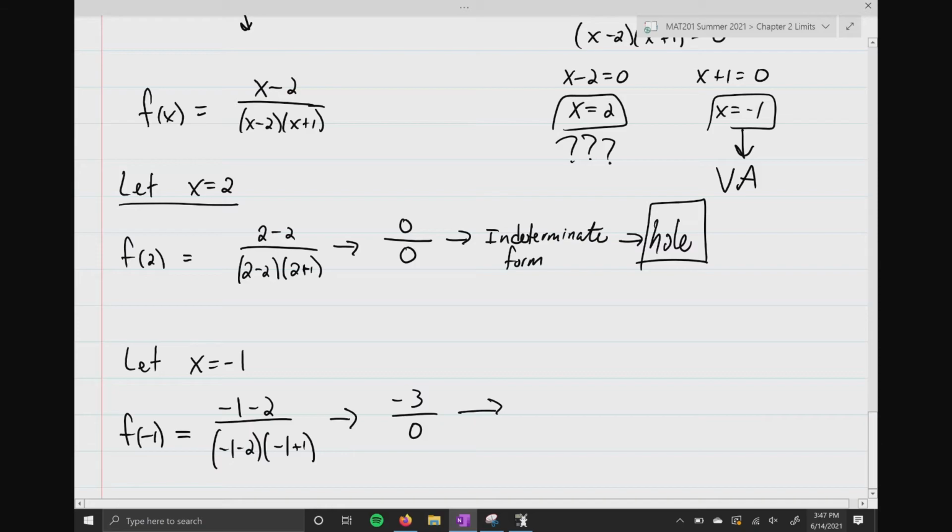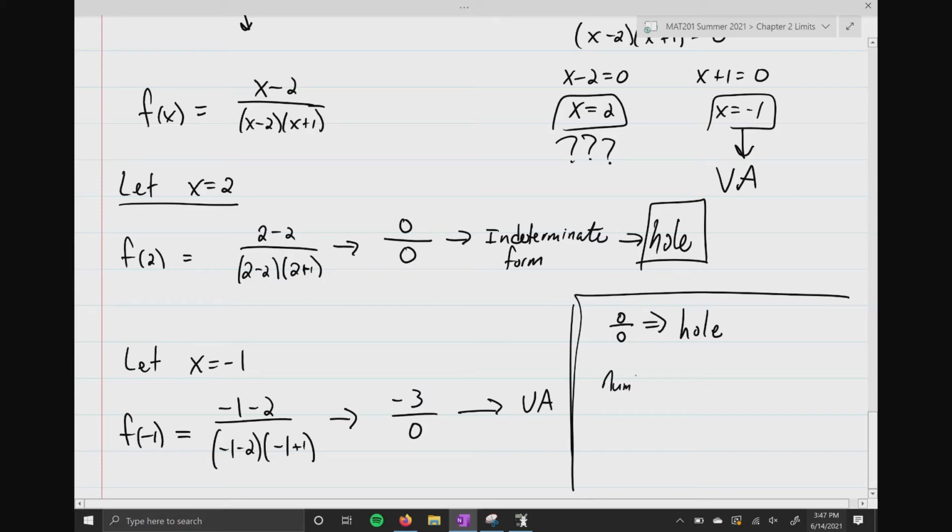Because you have a number divided by 0, you got a vertical asymptote. And there's the difference. So if I just want to sum everything up for us real quick, I'll do it in this little box I'm about to create. 0 divided by 0, that's a hole. A number divided by 0, that's a vertical asymptote.